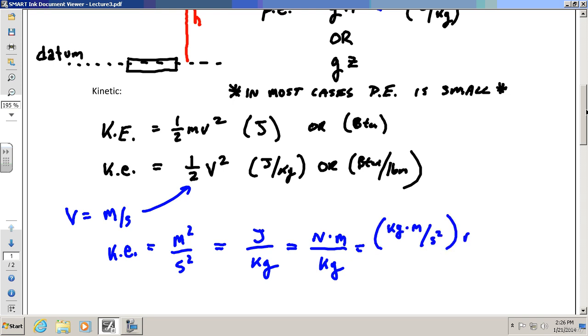Now multiply by a meter, divide by a kilogram. Now you can clearly see that the kilograms on top cancel with the kilograms on the bottom, and the product of the top is clearly meters squared. So basically I made the claim and then I stepped this over to prove that claim.